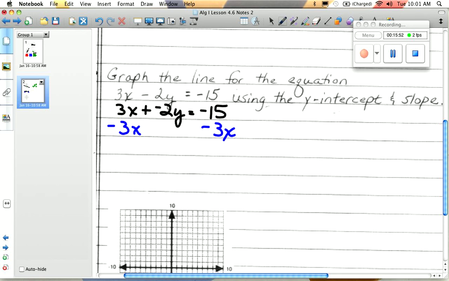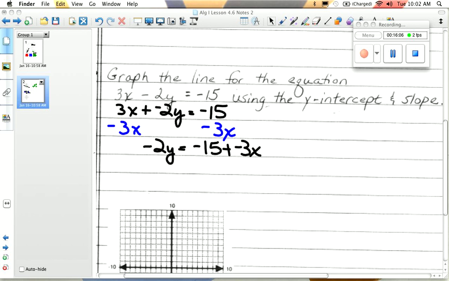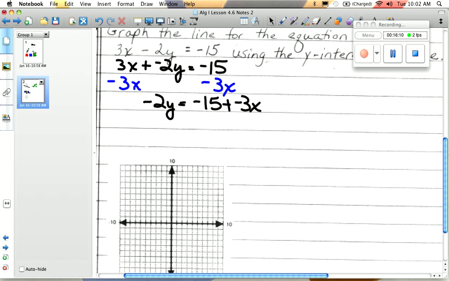So now we have a negative 2y equal to negative 15, and I'm going to make that plus a negative 3x. What's our next move? Divide by -2. Divide every piece by negative 2.